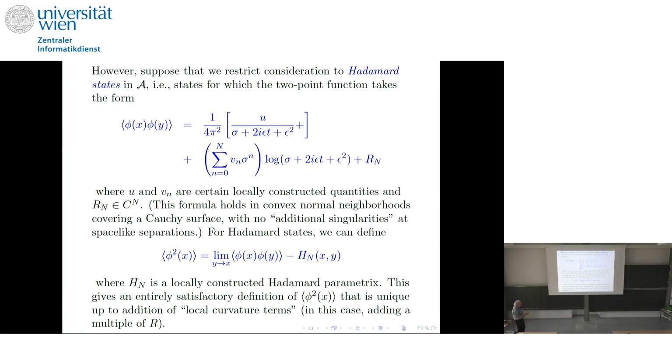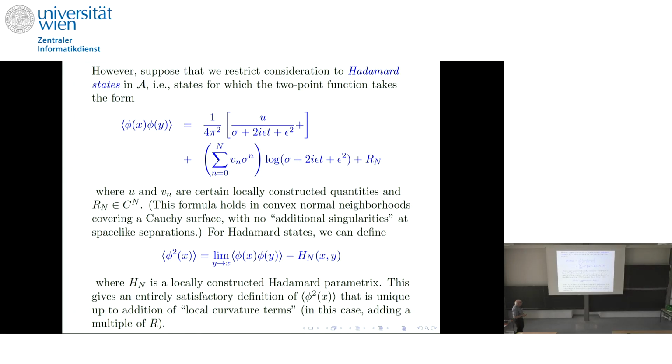It is an algorithm for defining this U and Vn in a completely local algorithmic way that will solve the wave equation in each variable up to some term that goes to zero sufficiently rapidly as the points become coincident.